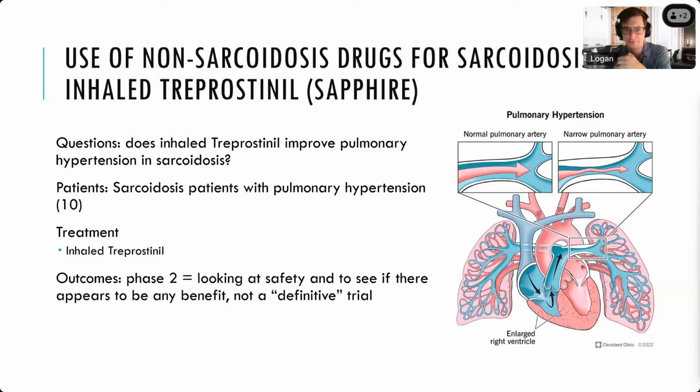We have one drug called treprostinil, which is a drug that can be given either as an IV drug or as an inhaled drug that can open up those blood vessels. As an inhaled drug, it is also less likely to cause worsening oxygen levels than the drug given as an IV.